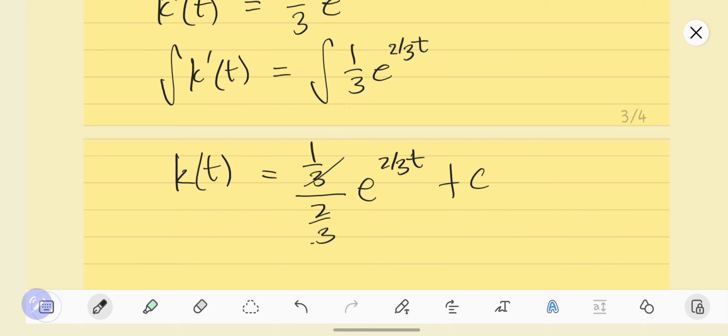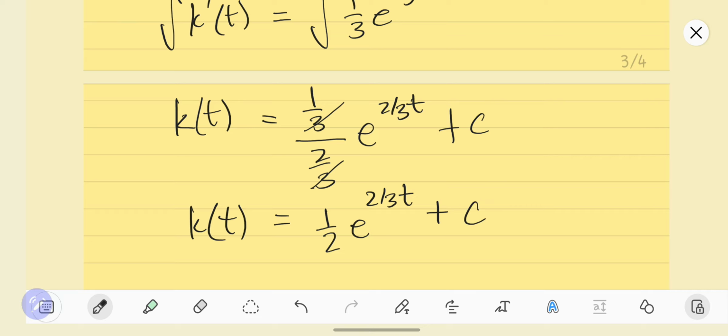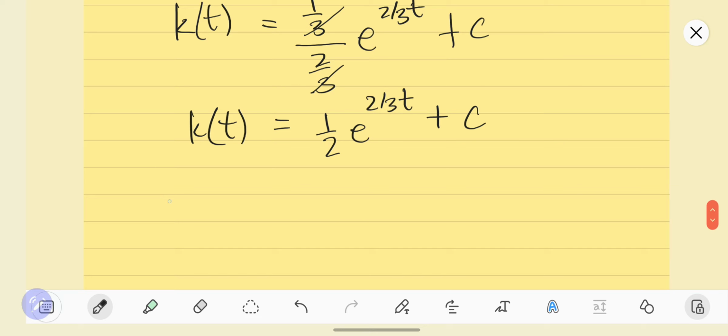So you can cancel this out. So k of t is equal to 1/2 e to the 2/3 t plus c.